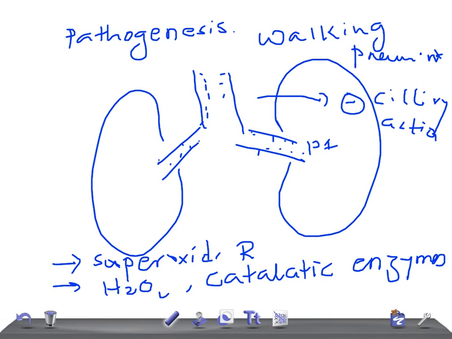Mycoplasma pneumoniae also acts as a superantigen and produces interleukins IL-1, remember this is really very important, IL-6 and TNF alpha. So remember about Mycoplasma pneumoniae, they attach to the P1 protein, inhibit the ciliary action, and produce superoxide radicals, hydrogen peroxide, and catalytic enzymes.